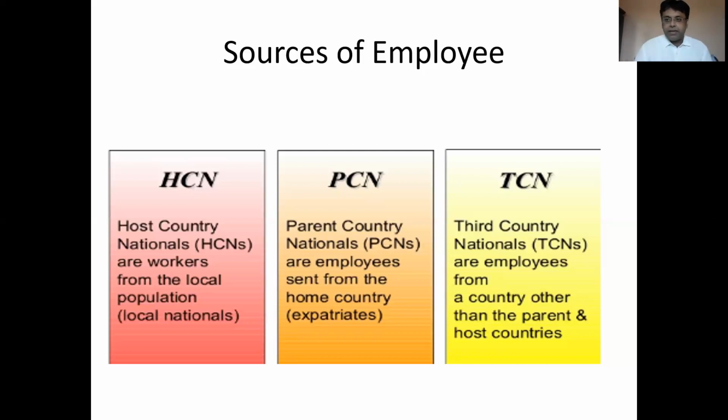So, HCN, host country national: in the Infosys India office, Indian people are working. In the Infosys US office, if Indian people are working, it is called parent country national. In the Infosys US office, a Japanese employee, a Korean employee, a Chinese employee are working. That means they are third country nationals.